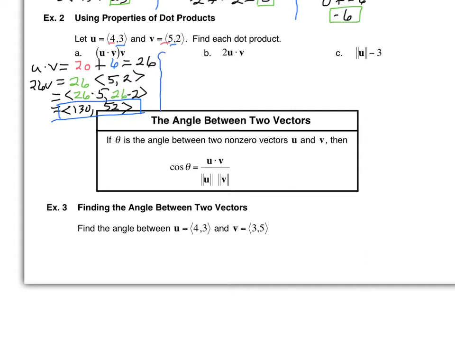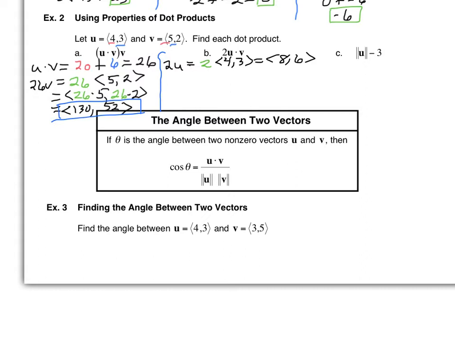All right, then the next one, we're going to find 2u. So 2u, we're going to start with that first. Again, I have a scalar multiplication, 2 times my vector u, which is 4, 3. That equals 2 times 4 is 8, and 2 times 3 is 6.